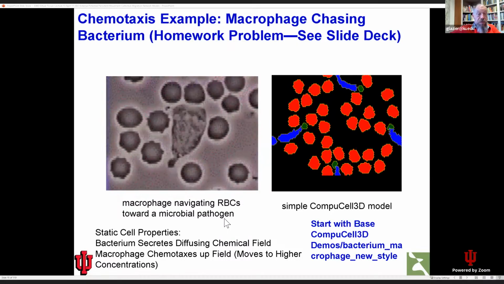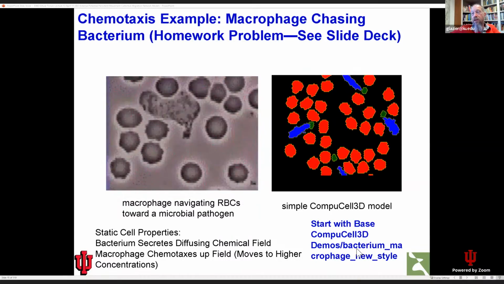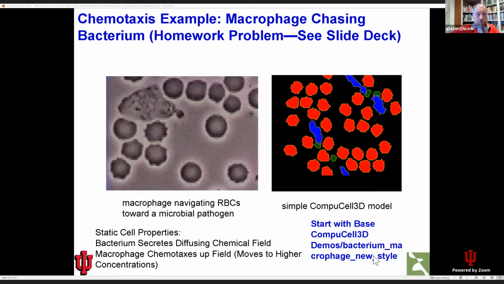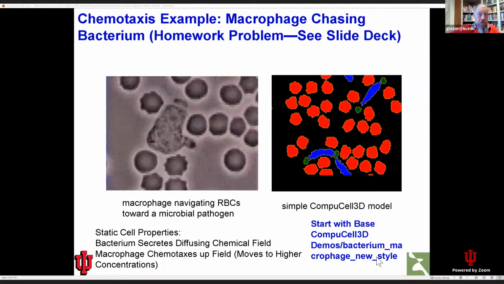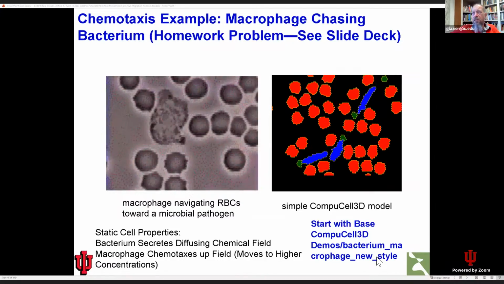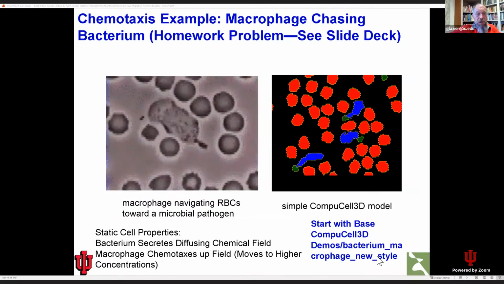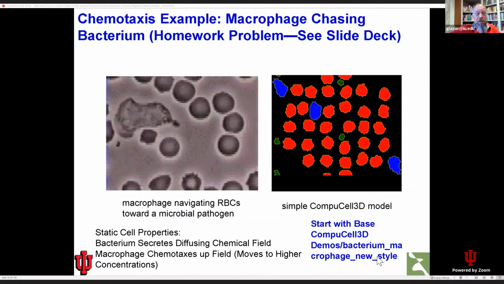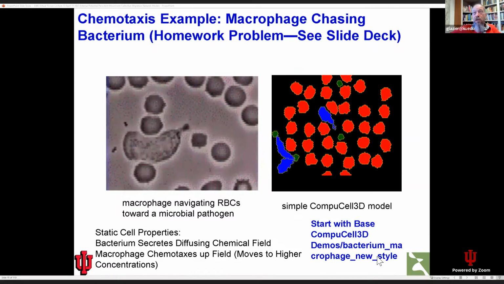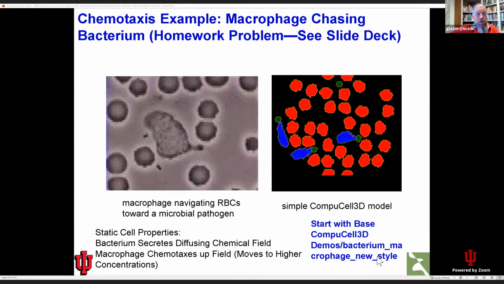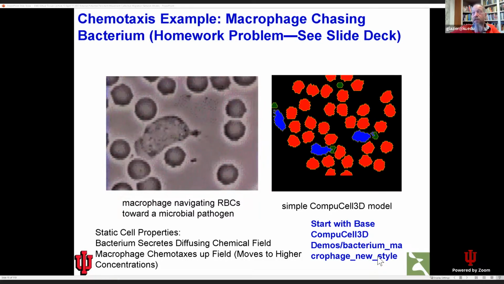And there's a demo that's packaged with CompuCell called Bacterium Macrophage, new style in this case. That's a not very pretty simulation that is a gross caricature of what's happening in this experiment to the left.